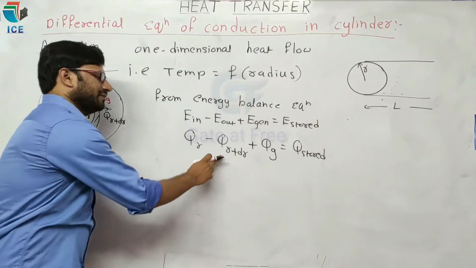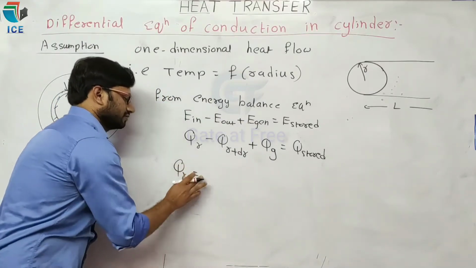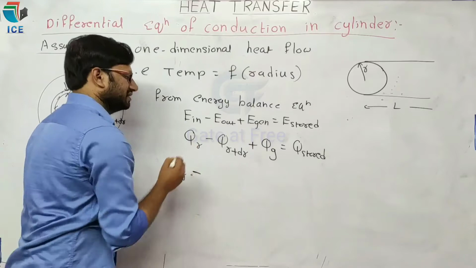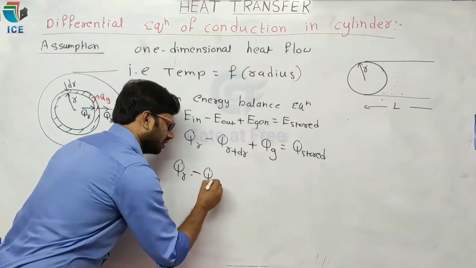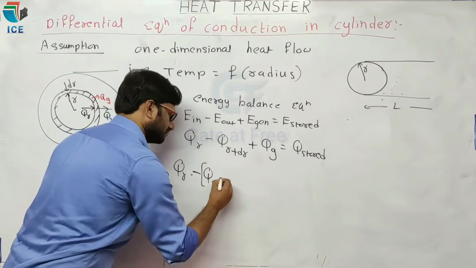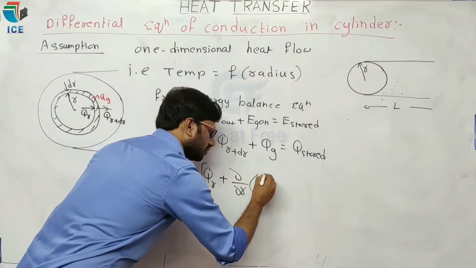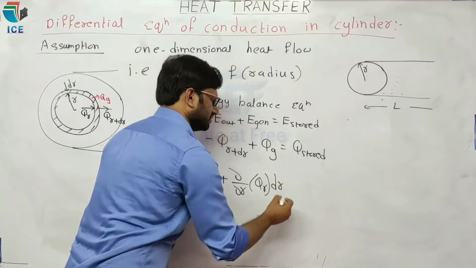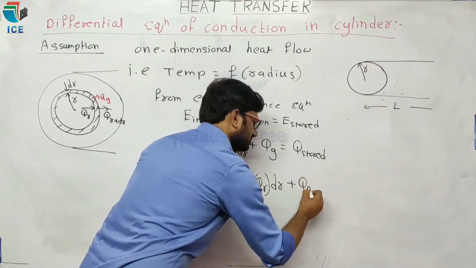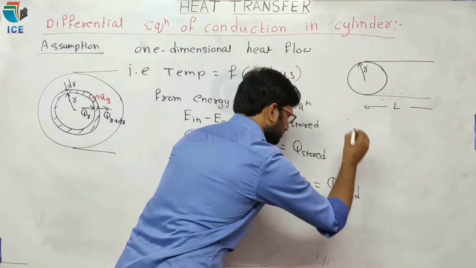Now we know from Taylor's expansion, see this, this can be written as Qr plus dou by dou r of Qr times dr, plus Qg is equal to Q stored.